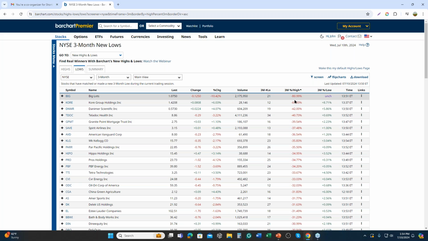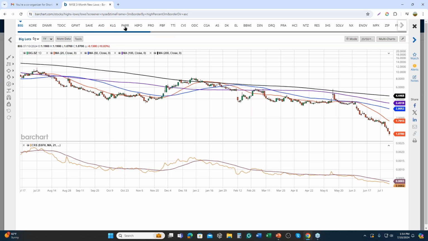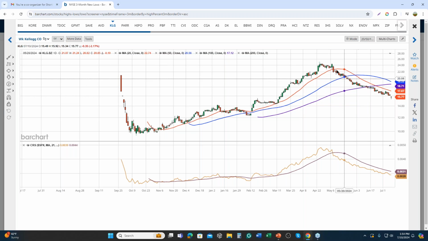Here, let's look at Kellogg's, for instance. It's 35% off of its three-month high. And where is it? So yeah, it's been in this downtrend. Have we had a correction reversal, and have we created a new lower high? No. So we'll probably need to be a little bit patient and look for a better optimal entry.